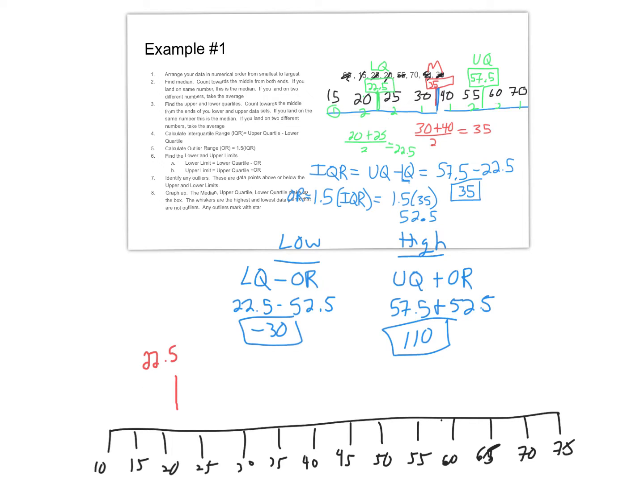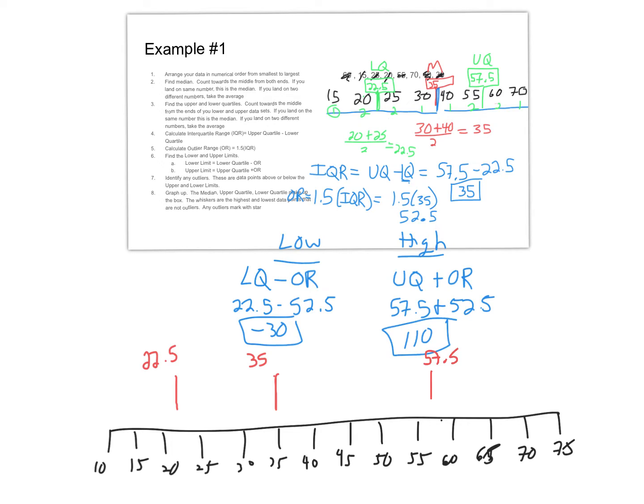Our median value was at 35. So at 35, I'm going to make my line right there. Upper quartile is 57.5. So I'm going to go to 57.5 on the number line, right about here. 57.5. All right.